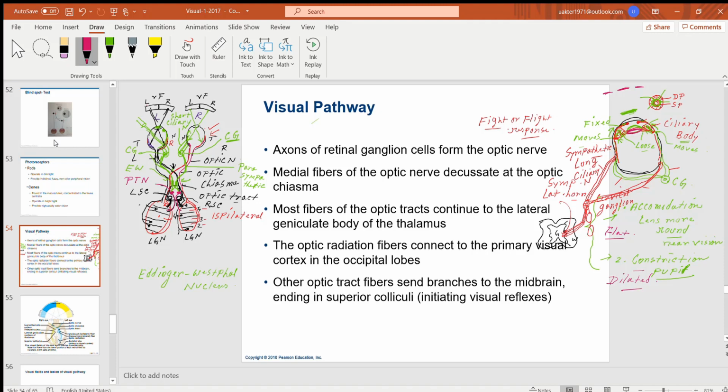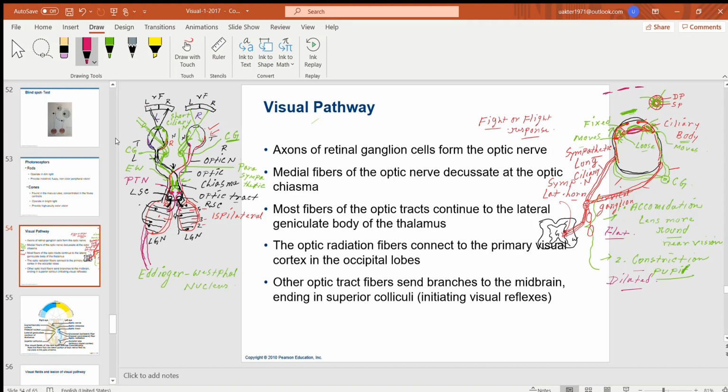Now let's go back to the first picture here. From the lateral geniculate nucleus, two groups of fibers go to the primary visual cortex. I am drawing this one group of fibers.